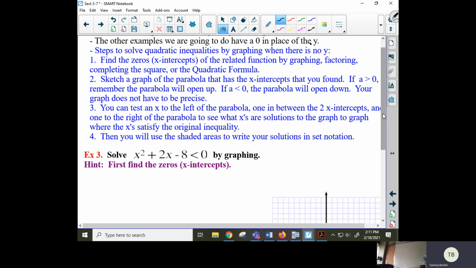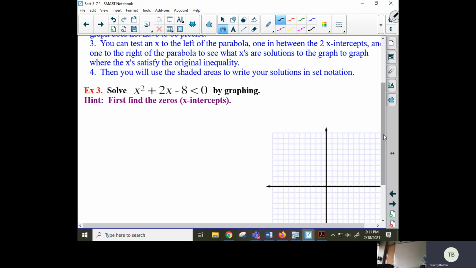The other type of question that we're going to get is where we don't have a y. And what happens there, the only thing we're solving for is the x's. You're never going to have a coordinate that's off the x-axis. You're just looking for what x's does this work for, okay?